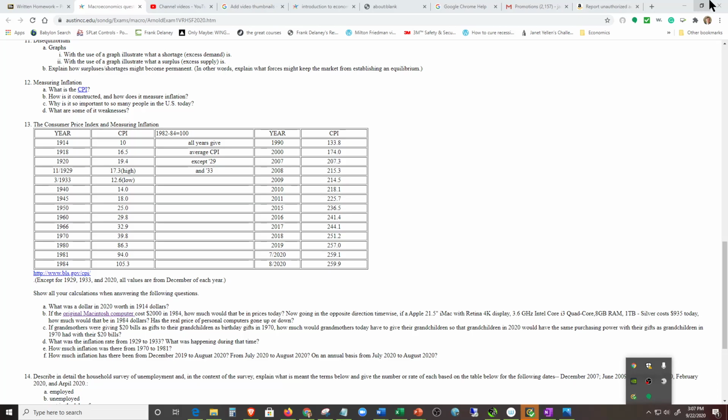How about 1950? So the first one is, what was $1 in 2020 worth in 1914 dollars? And let's do 1950 here, but let's do it reverse. What is $1 today worth in terms of $1 in 1950?